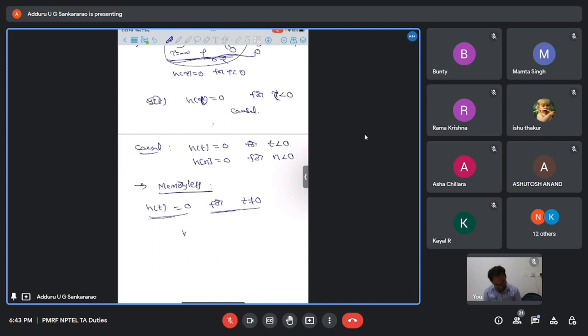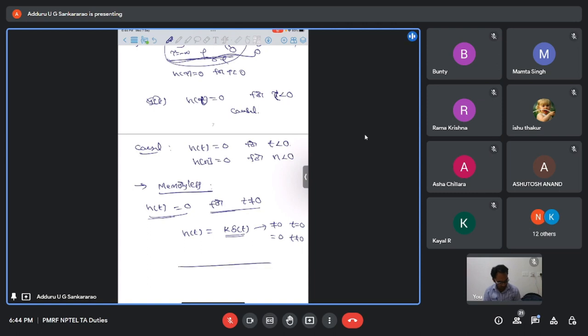That means the impulse response should be some function of impulse del of t, then only it is a memoryless system. Because if it is a function of del of t, definitely it is non-zero for t equal to 0, and it is 0 for t not equal to 0, right?